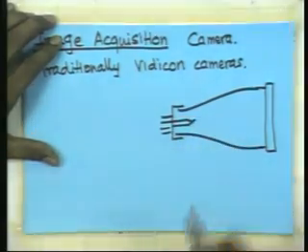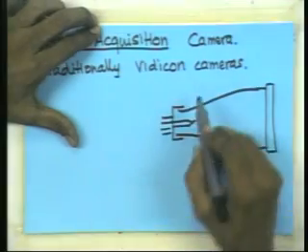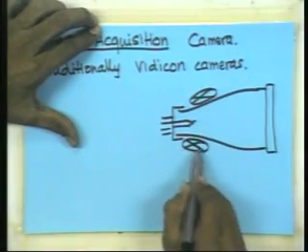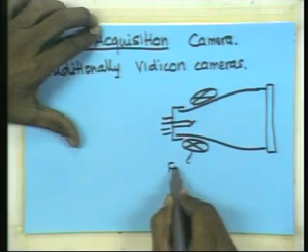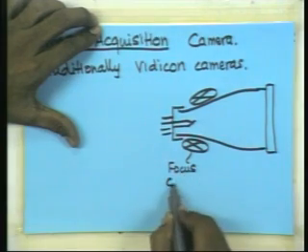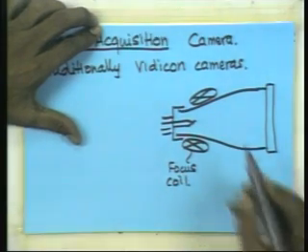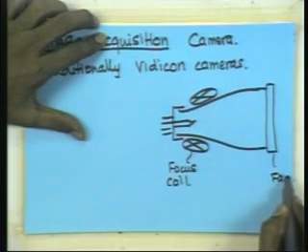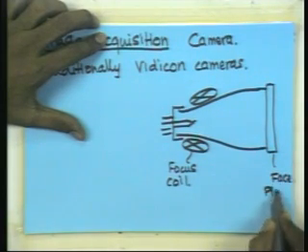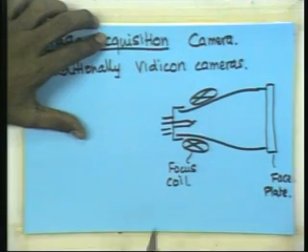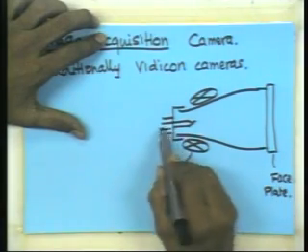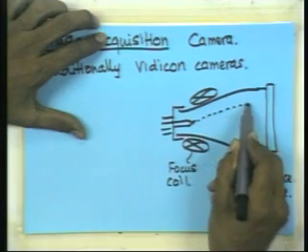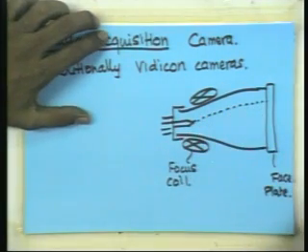So, this is my source of electrons here. I will have some coils which are going to focus. This is what I call the face plate, and by suitably heating up this element, we can generate electrons which are going to be attracted towards the face plate.